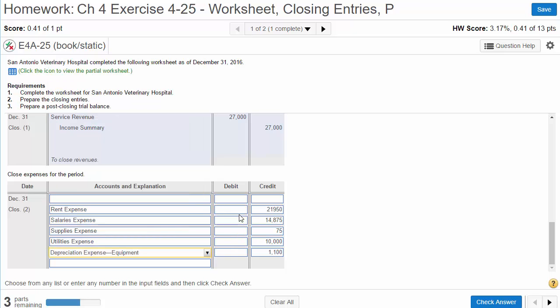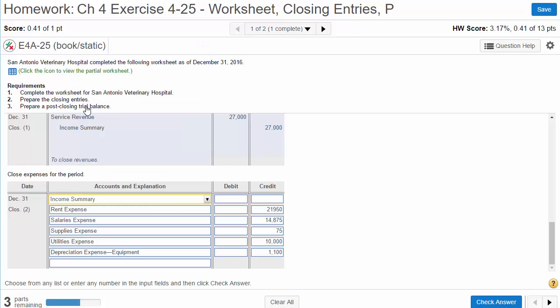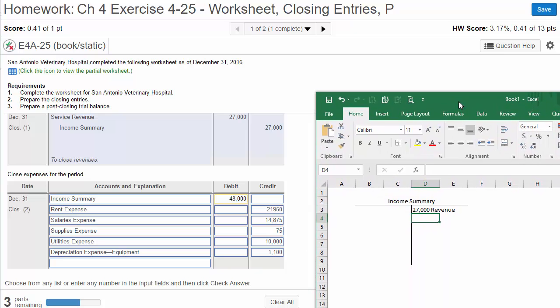So now I've closed those expenses, and where do they get closed to? Well, expenses, like revenues, get closed to income summary. So to calculate the debit amount, all I need to do is add these up. And when I do, I get an even $48,000. Okay, and then for my T account, I'm going to go back to Excel.